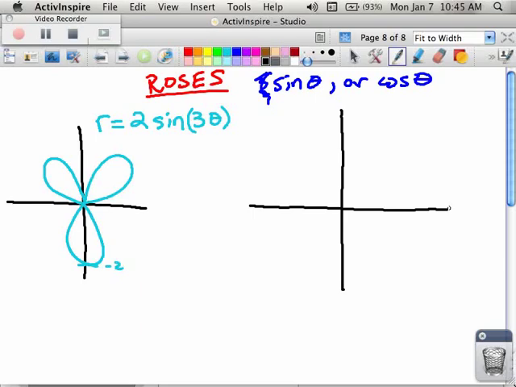This one is going to be r equals 2 times the sine of 5 theta. And I don't have room to draw the parentheses, but there'd normally be parentheses around the angle measurement, which is called 5 theta.